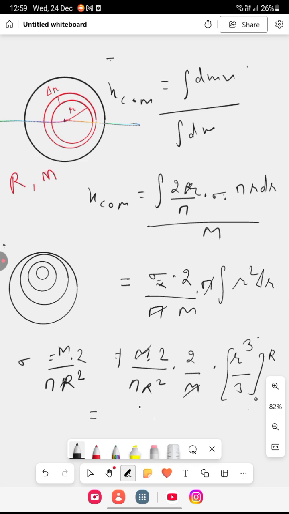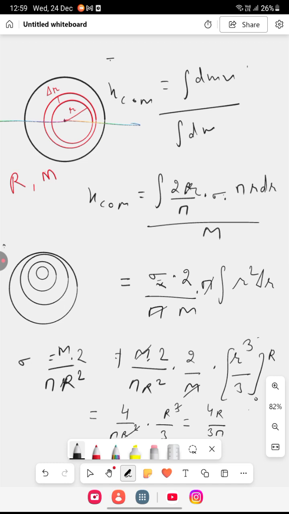By solving it, 4 upon pi r square times r cube upon 3, r square cancels, and it gives 4r upon 3 pi. This is the center of mass for a half disk.